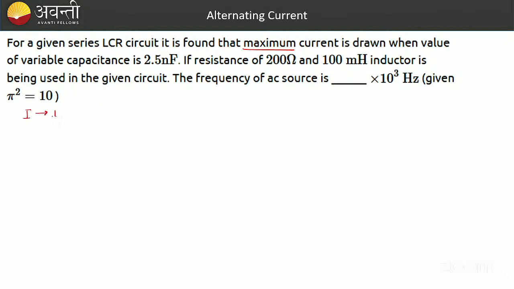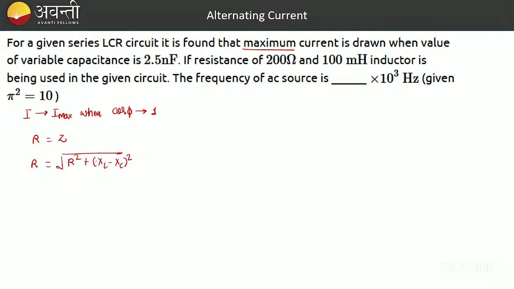I will be I max when cos phi will be 1. So we can say R is equal to Z. Clear? Now, as we know, R equals Z becomes R equals square root of R square plus (XL minus XC) whole square.